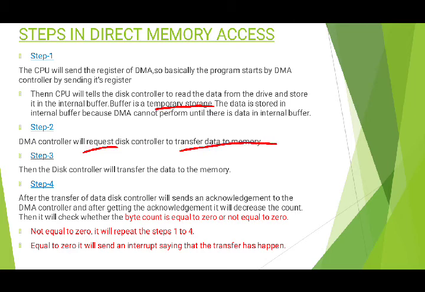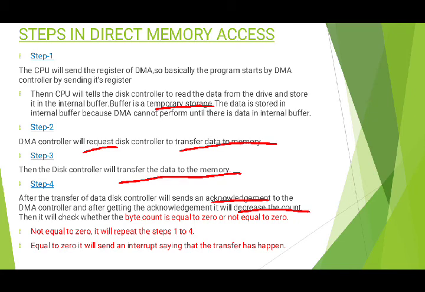Then we can see in the third step there is a transfer of data to the memory, and the disk controller is transferring the data. And in step 4, after the transfer of data by the disk controller, it will send an acknowledgement to the DMA controller, and after getting the acknowledgement, this acknowledgement is important, it will decrease the count.